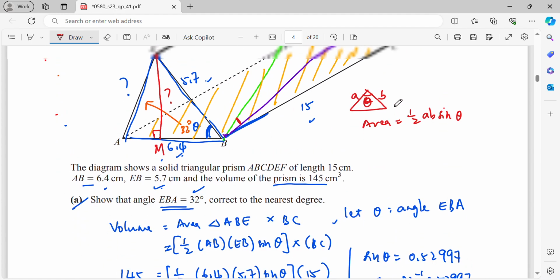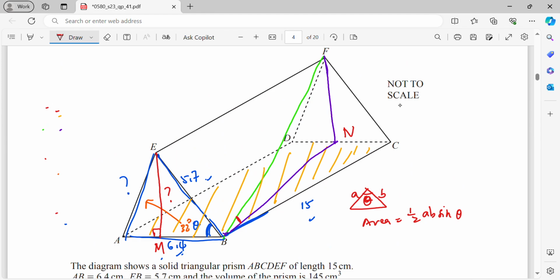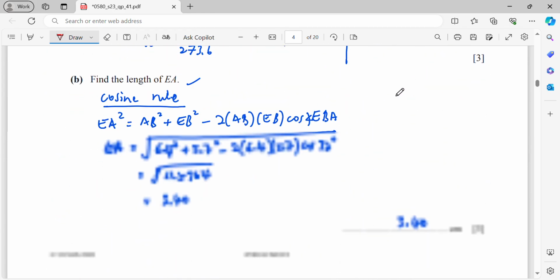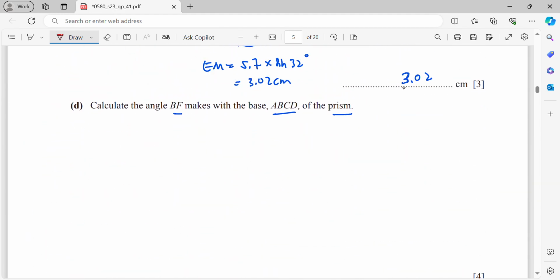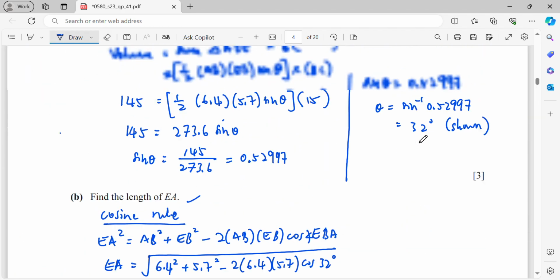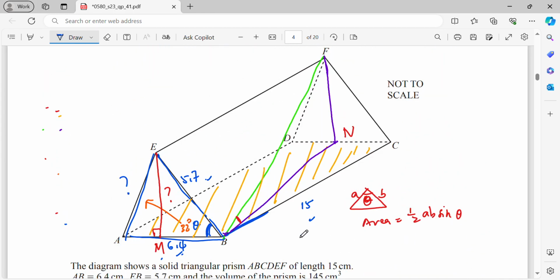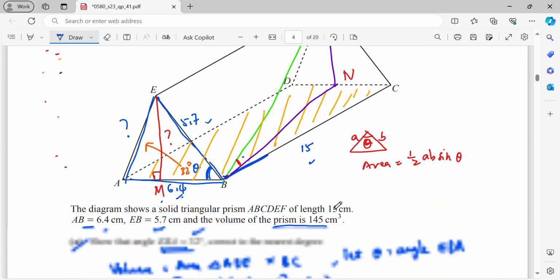Now I will let N be the midpoint of DC. I have to define that first. So let N be the midpoint of DC. The angle is basically FBN, as I have mentioned here.